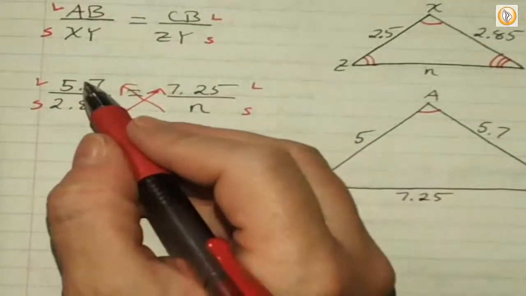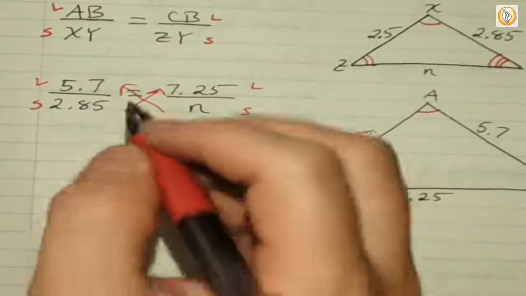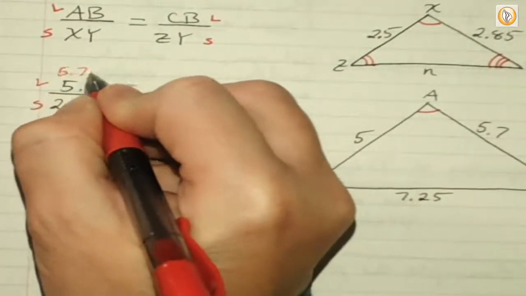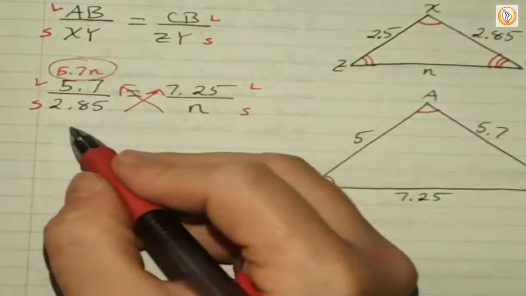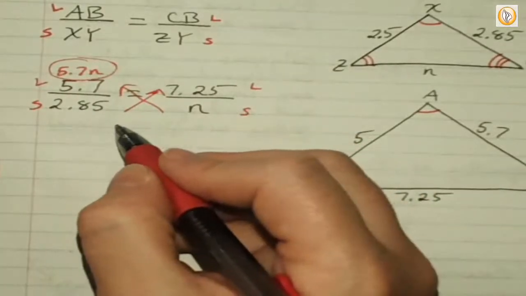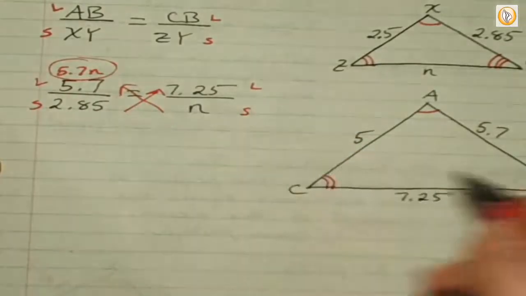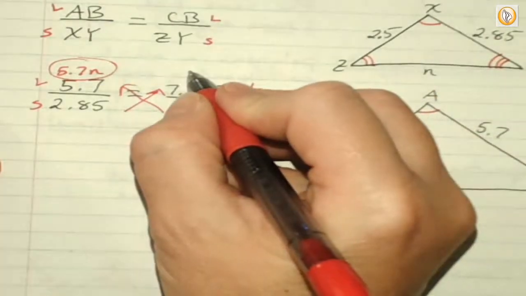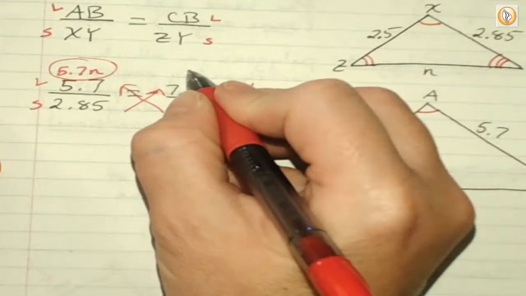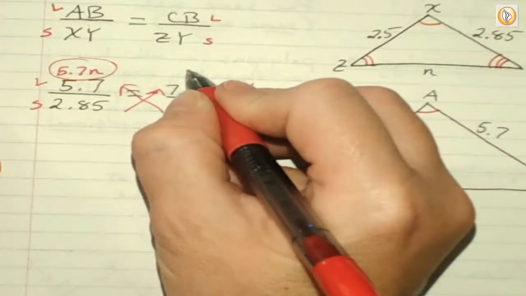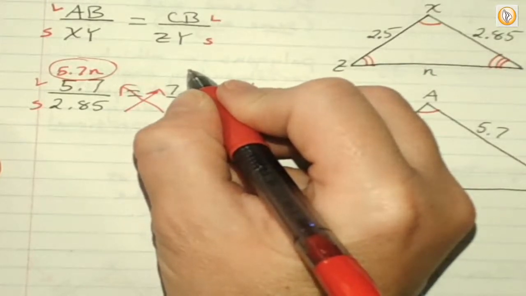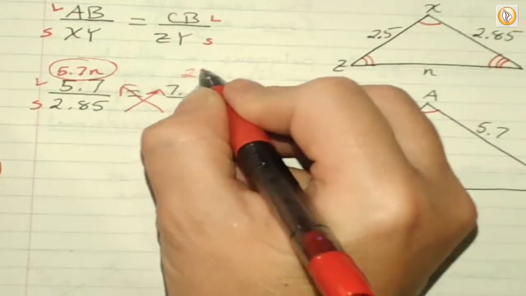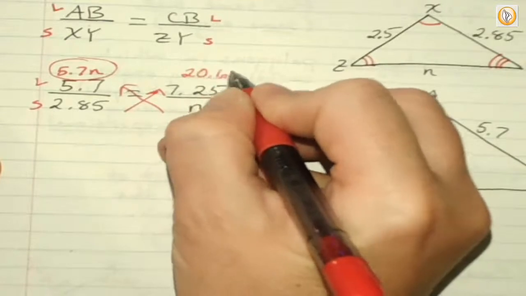So n times 5.7 is what? And then who has 2.85 times 7.25 worked out? Aiden? 20.6625. Is that what y'all have? Wait, I'm not done yet. Tell me again, Aiden. 20.6625.